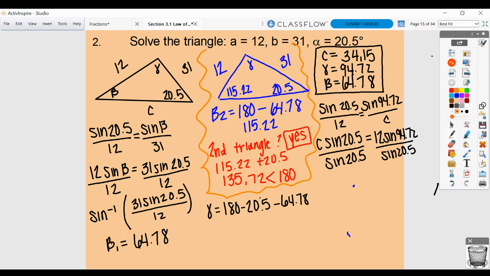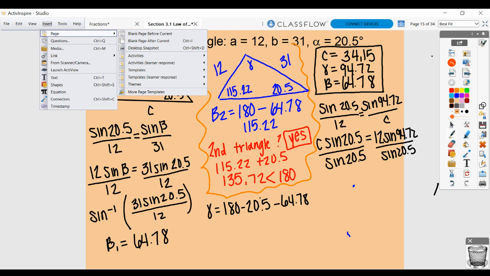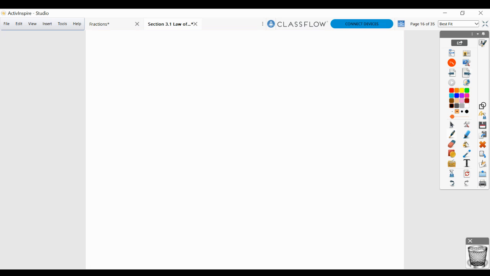Now we need to go finish solving the second triangle. And I'm going to take this exact triangle in the blue and go to another page. Okay, so I'm going to have to flip back and forth here to see what I had.